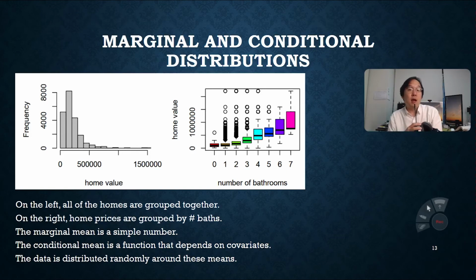Okay, and you can also see that some homes that have only 1 bathroom have extreme home price all over the top over there, right? Which is no different from the home values extreme in the number of 7 bathroom house, right?